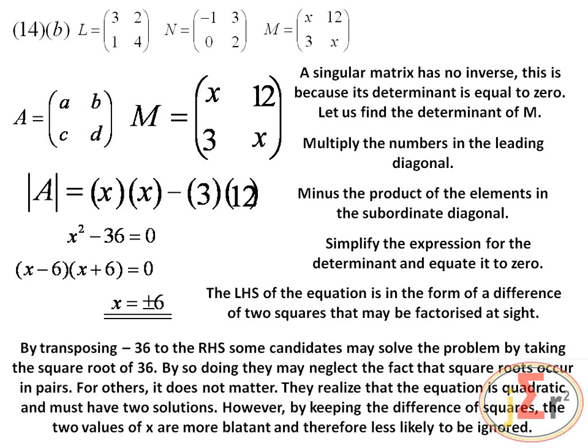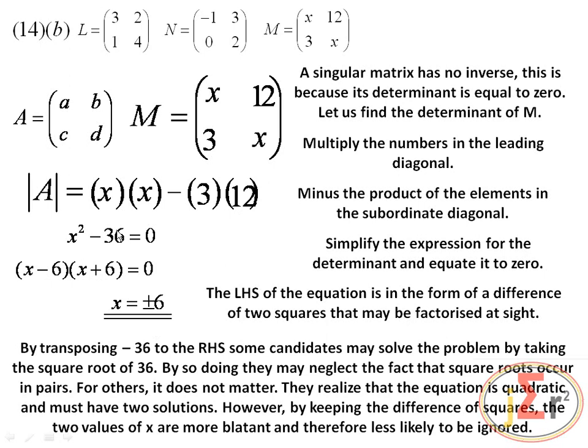However, by keeping the difference of squares, the two values of x are more blatant and therefore less likely to be ignored. So by using the difference of two squares, it is easier for us to see the two values of x coming here.